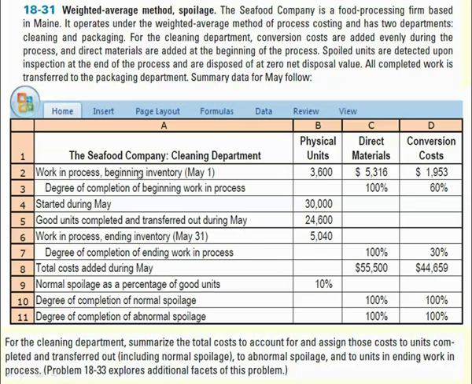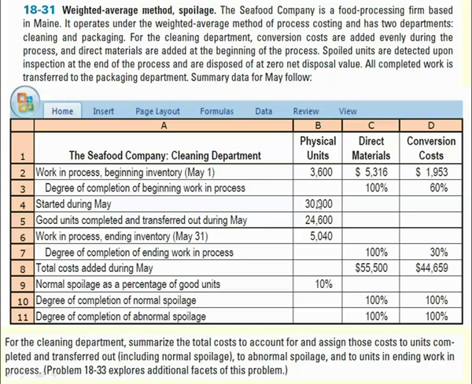Work in process beginning, 3,600 units, with a cost for direct materials of 5,316 and conversion costs of 1,953. Degree of completion of beginning work in process under direct materials is 100%, but for conversion is only 60%.